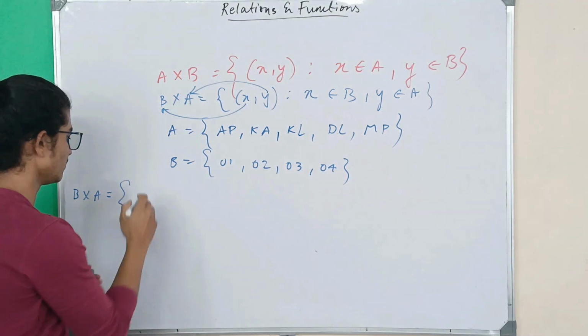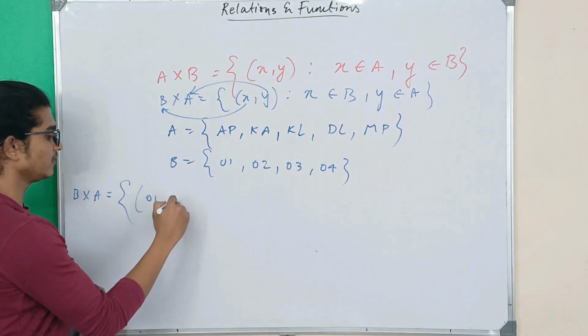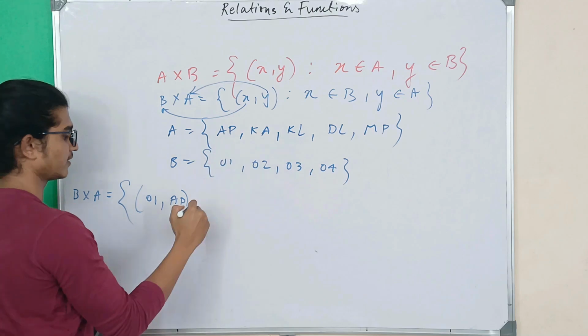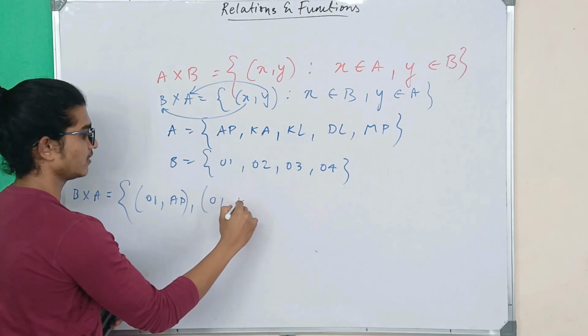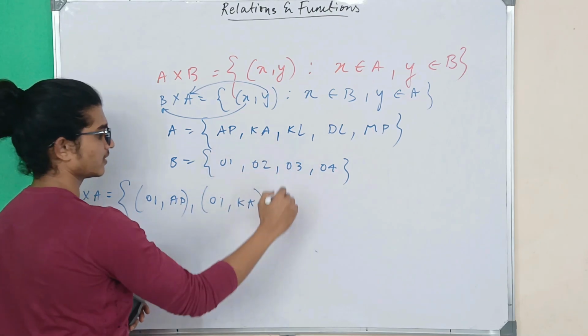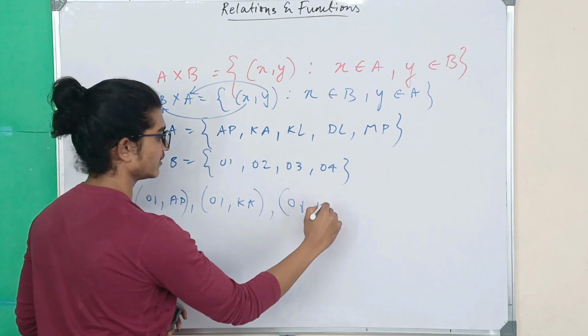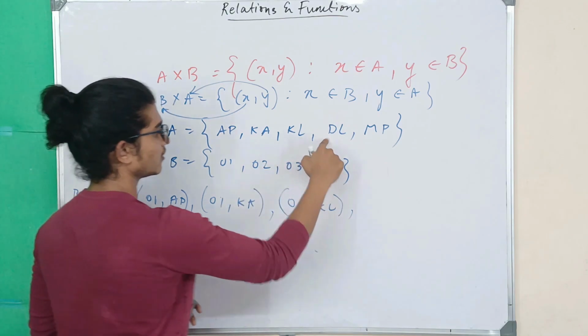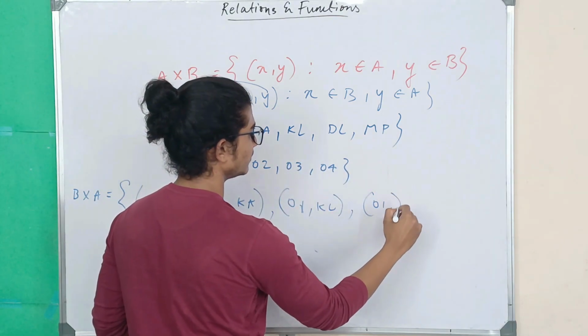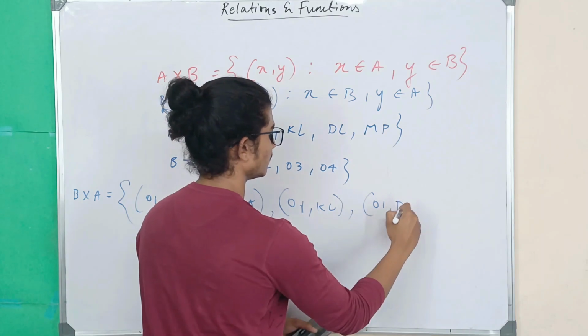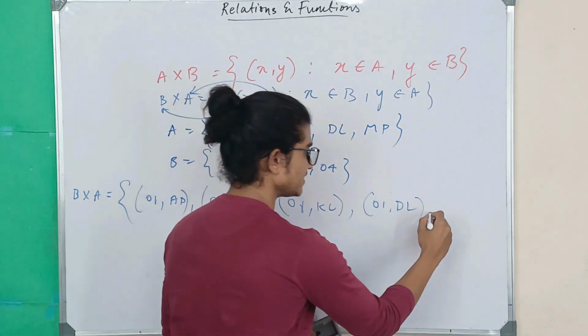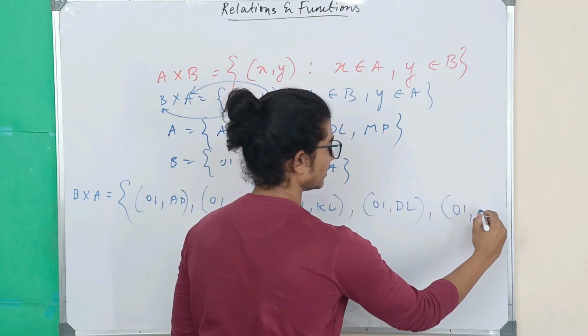So (01, AP), (01, KA), (01, KL), (01, DL), (01, MP). In the exact same way you can keep doing this for every element.